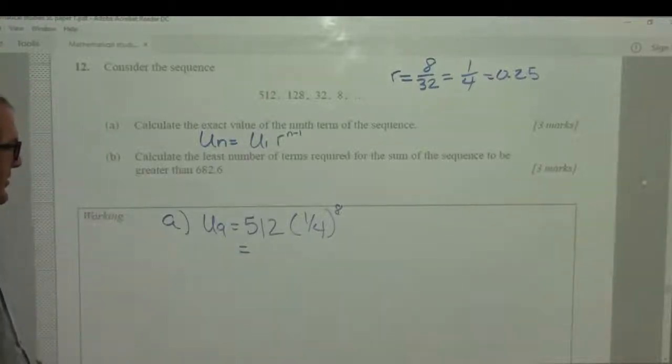Then I jump to my calculator and find out what that is.